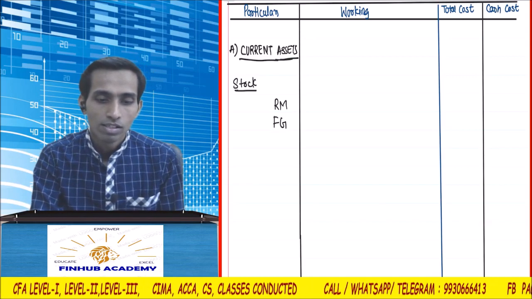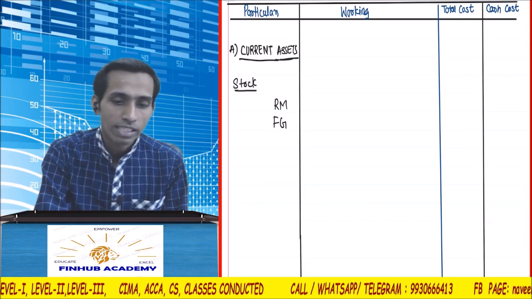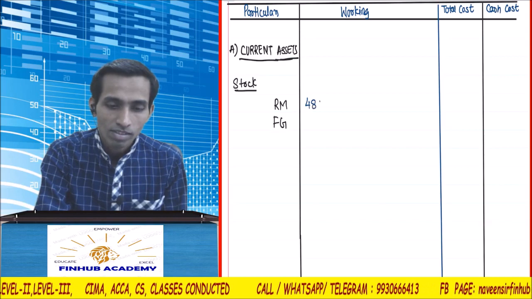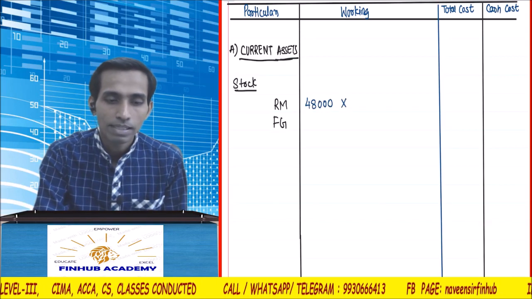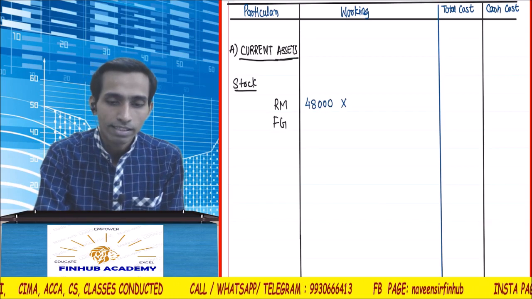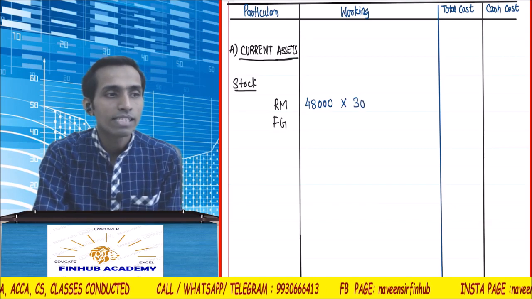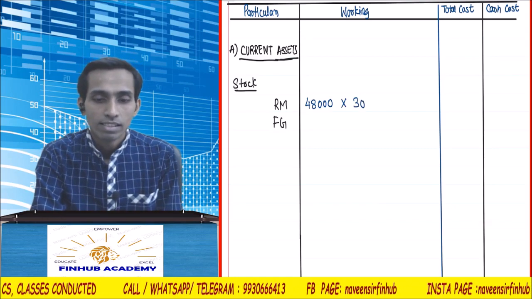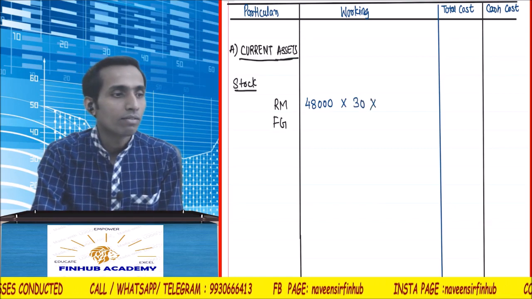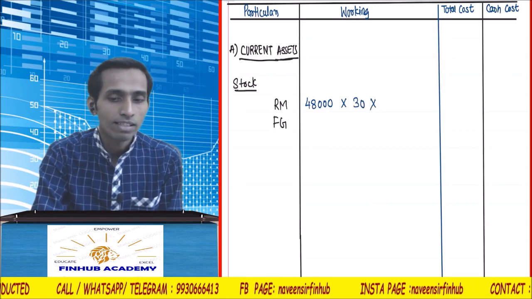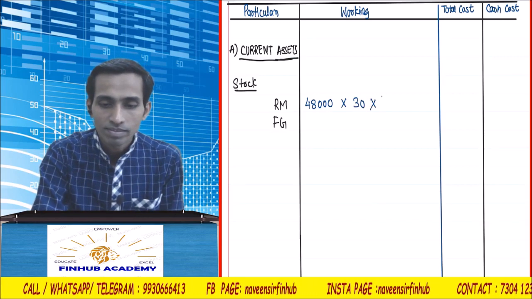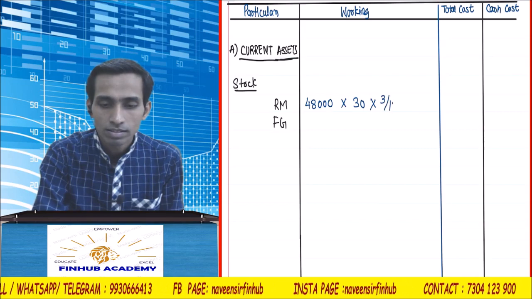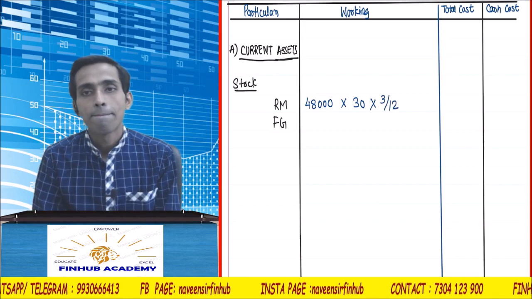That means two things are given. So how much is the units? 48,000 multiplied by, what is the rate of material? 30. Please understand. What is the period for raw material? 3 by 12.